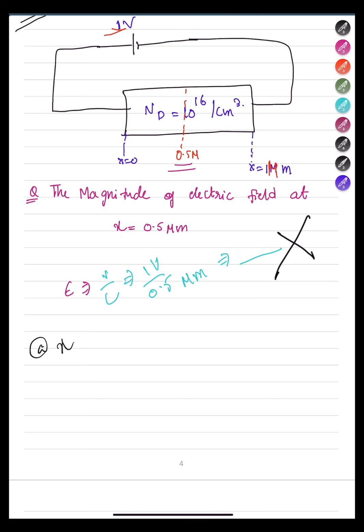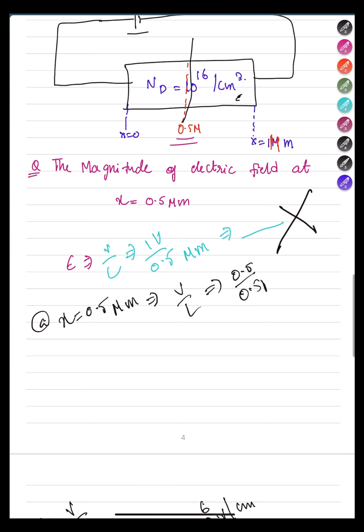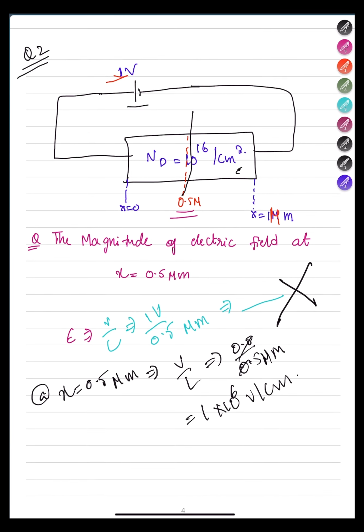So at x equals 0.5 micrometer, V by L, the voltage we should keep is 0.5 by 0.5 micrometer. Then also we get 1 into 10 to the power of 6 volts per centimeter. The point is we should also divide the voltage because it is uniformly doped. If the length is divided, we should also divide the voltage.